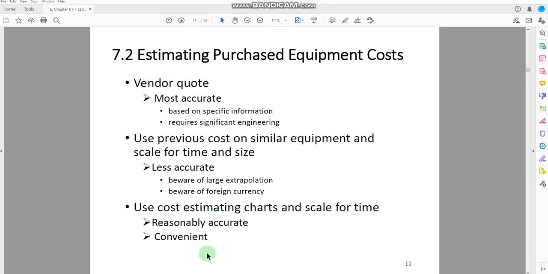So basically it will include the inflation and the current values of the equipment, and how the current inflation can impact the cost of equipment that was earlier installed in some other industries. So we will see this one in detail today.